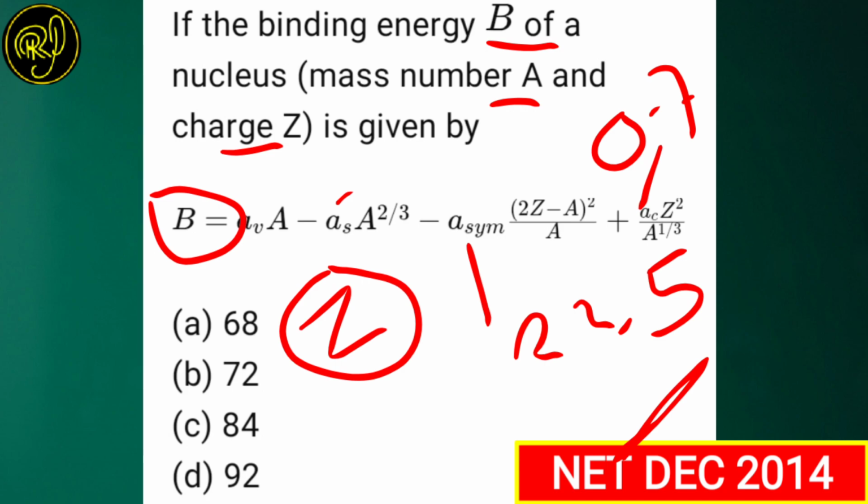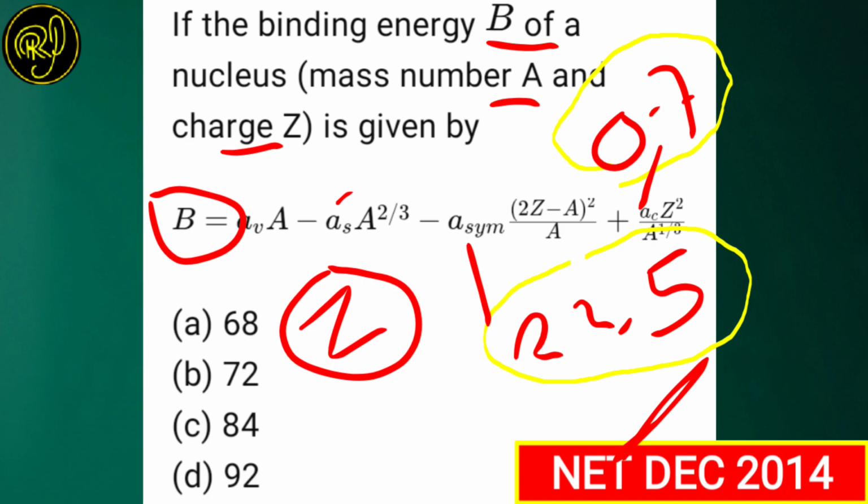Here in the question it is provided that the Coulombic energy term is 0.7 and the asymmetric energy term is 22.5, and hence by using this formula, find the formula for the most stable isobar and then find the atomic number for the most stable isobar.